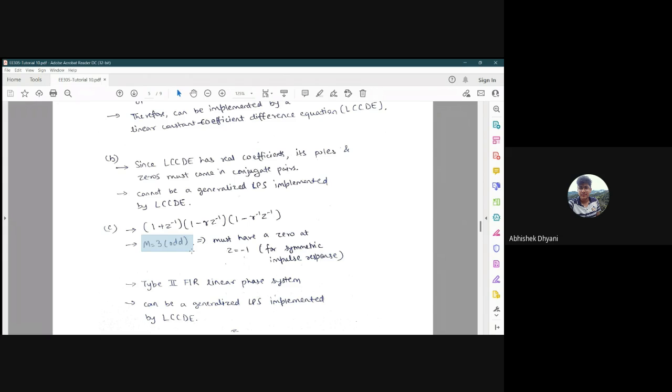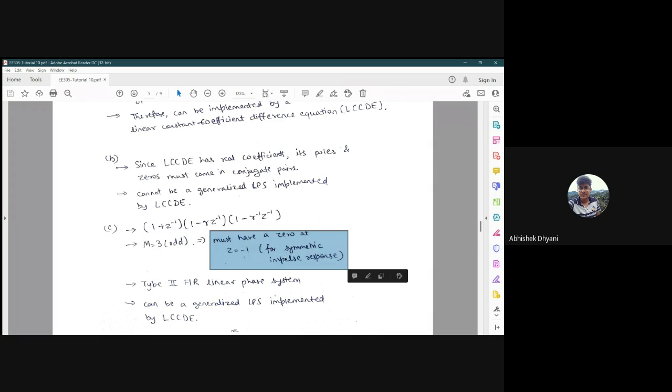If we recall from the symmetric FIR linear phase systems, we say that if M is odd, then it must necessarily have a zero at z equal to minus 1.